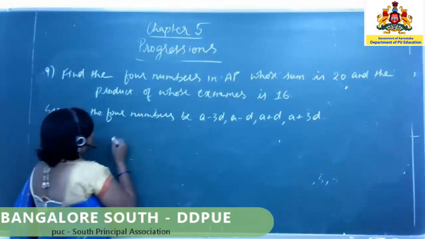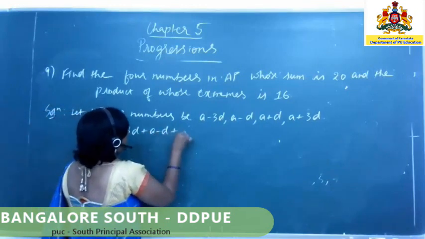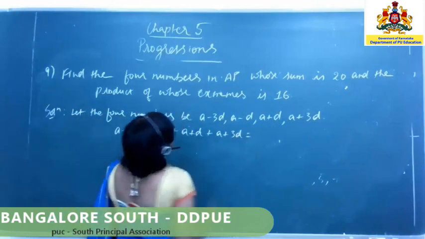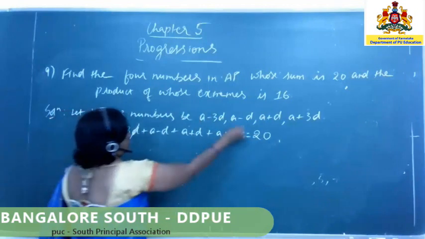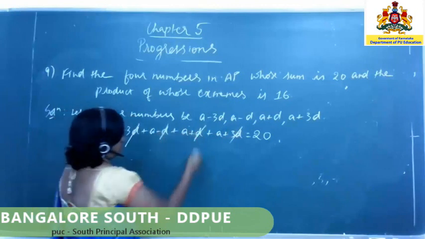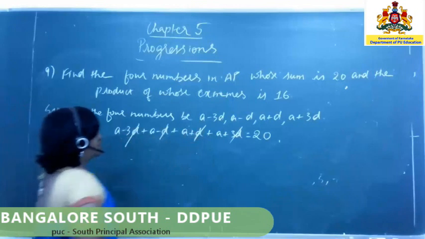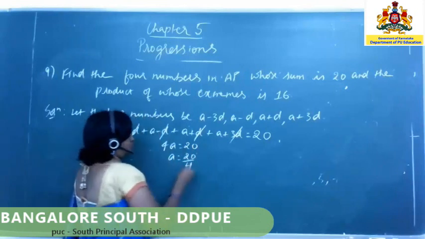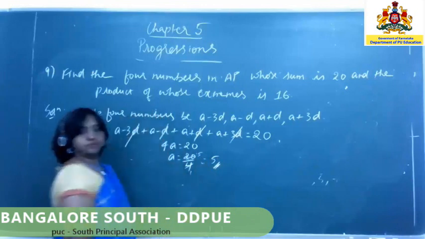So I'll consider the sum. a minus 3d plus a minus d plus a plus d plus a plus 3d is equal to 20. So minus 3d plus 3d will get cancelled, minus d plus d will get cancelled. So a plus a plus a plus a, so I have 4a. 4a is equal to 20. a is equal to 20 by 4. So 4 into 1, 4 into 5. So a is equal to 5.